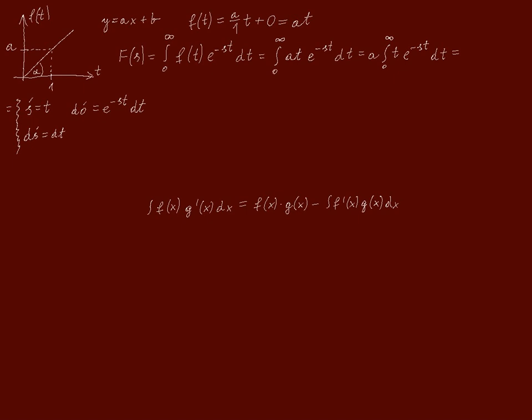The integral of e to the power of something is usually e to the power of something. So let's assume that our result is e to the power of minus st. And since this is the result of the integral, the derivative of this should give us the initial expression, times the inner derivative with respect to the variable t. We can see that the result is almost correct, only the minus s doesn't match.